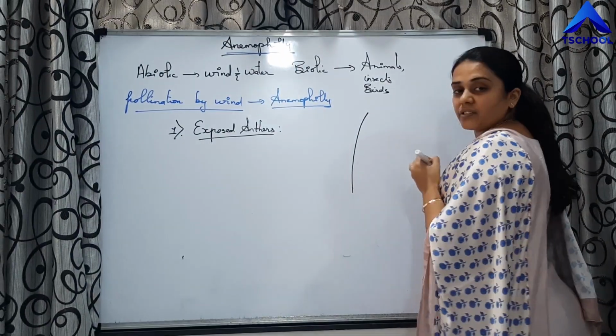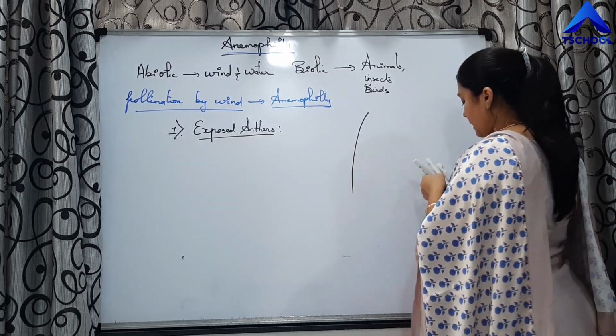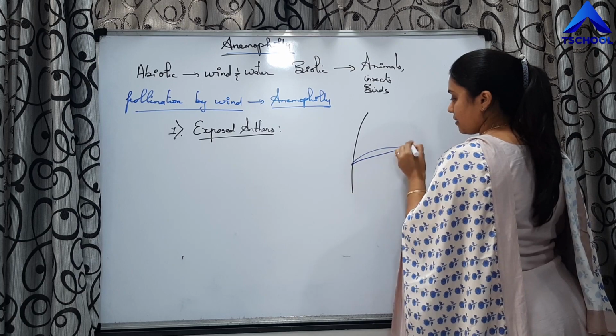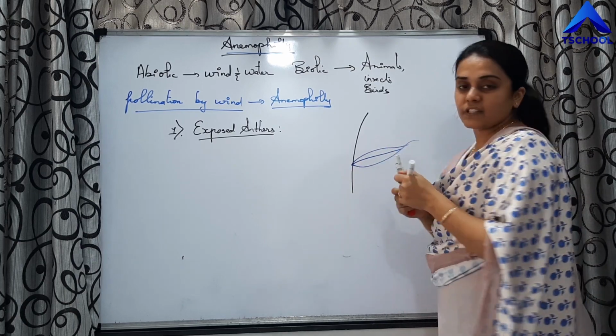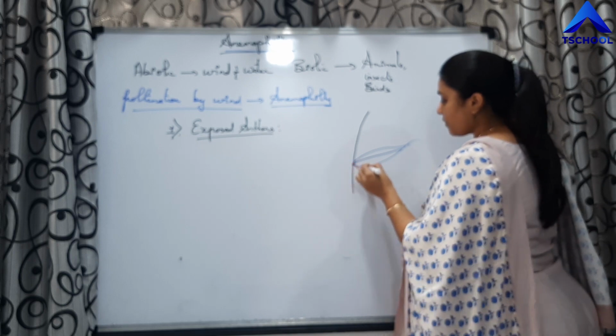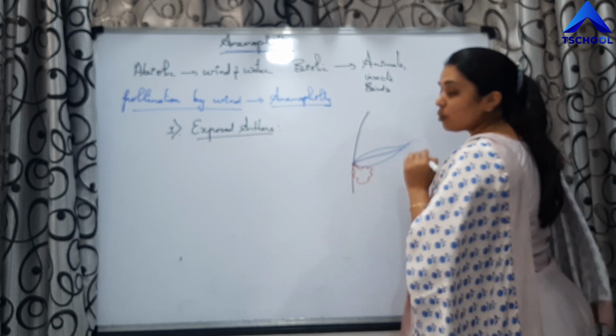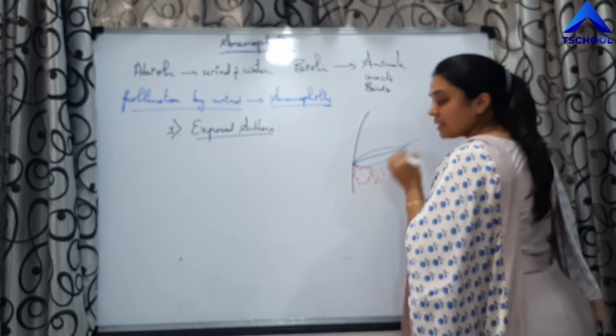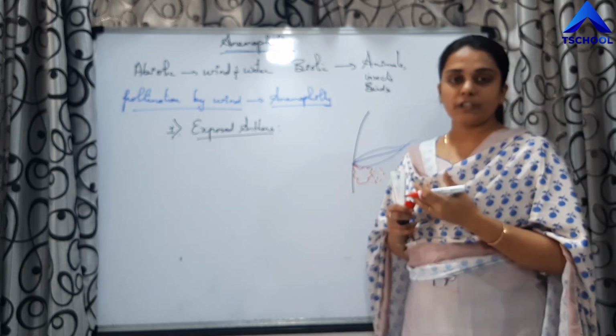Say for example, this is the stem, right? And this is the flower, and these are the leaves, and over here is the flower. Say if the flower is below the leaf, then the pollen grains which are released will be trapped below the leaves, right?